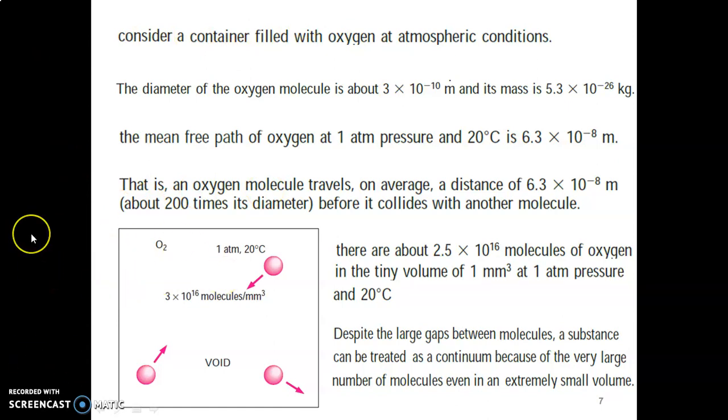And what if we cannot apply the continuum concept? In certain conditions, we need to consider atoms or molecules. In that condition, we will leave the continuum concept, and all those equations from the continuum concept we cannot use. Instead of the continuum concept, in that case, we will consider molecular dynamics.